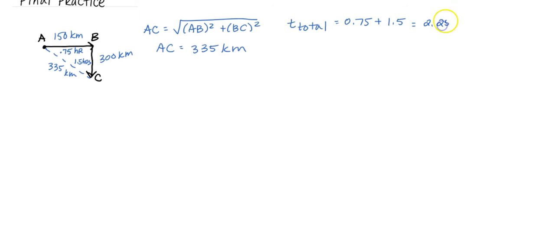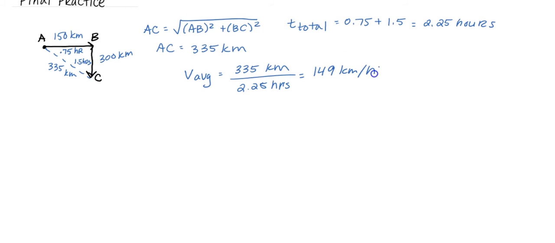This gives me 2.25 hours for the whole trip. And to figure out the average velocity, at least the magnitude of it, we take the total distance and divide that by the amount of time. And we find that the car was traveling 149 kilometers per hour.